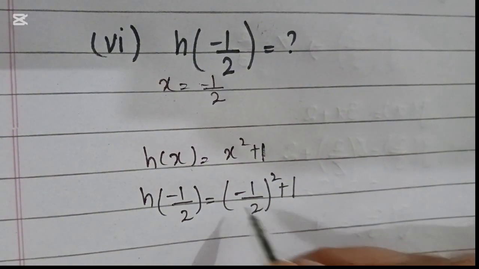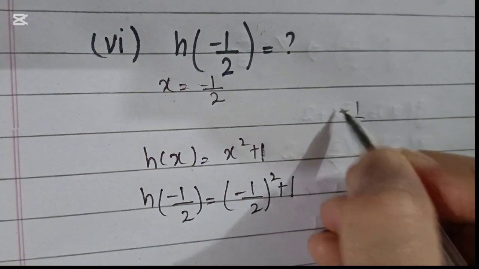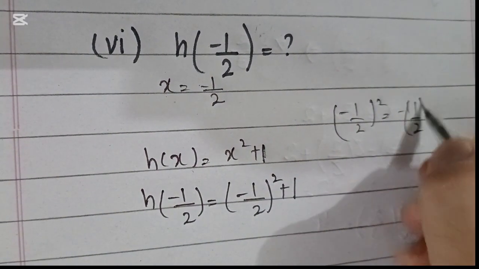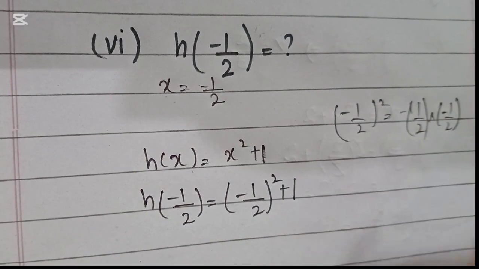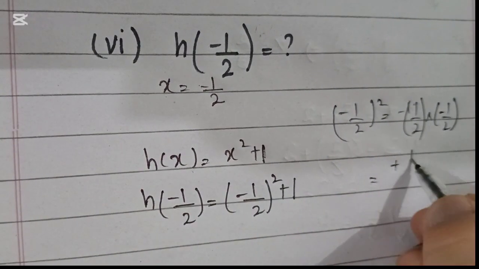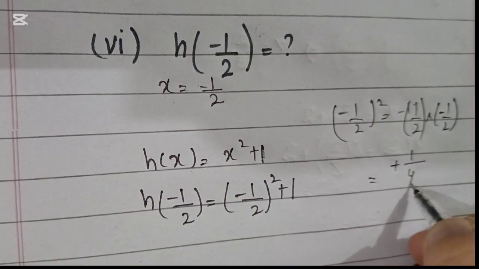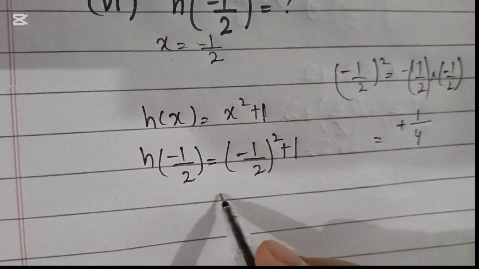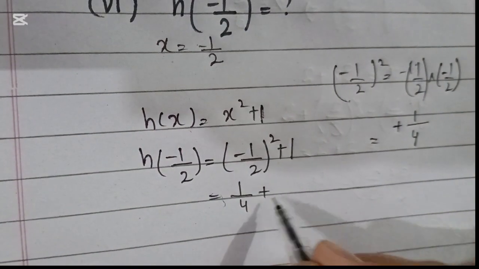Now we have to calculate (minus 1/2) square. Minus 1/2 square means minus 1/2 multiply minus 1/2. Minus multiply minus becomes positive. न्यूमिनेटर 1 multiply 1, denominator 2 multiply 2, 4. So (minus 1/2) square is equal to plus 1/4. It becomes plus 1/4 plus 1.